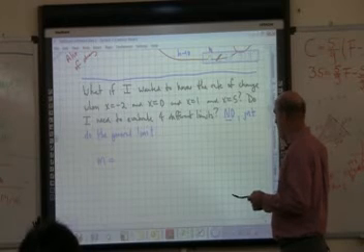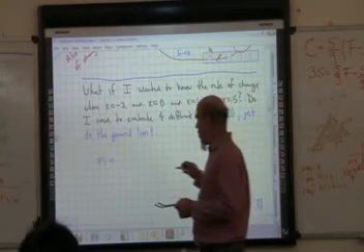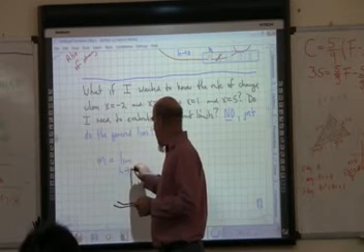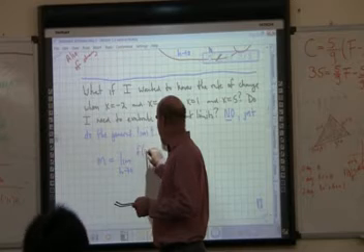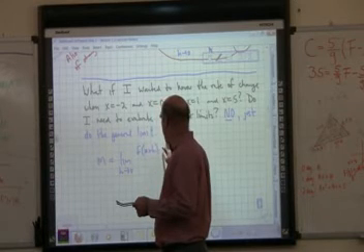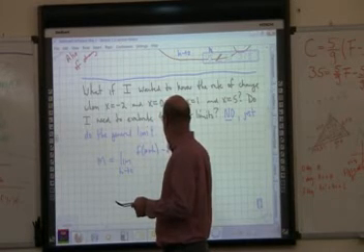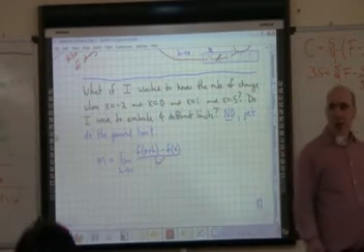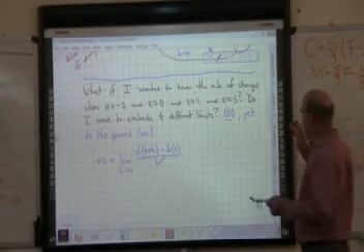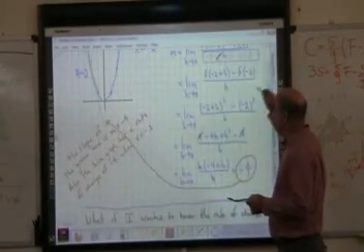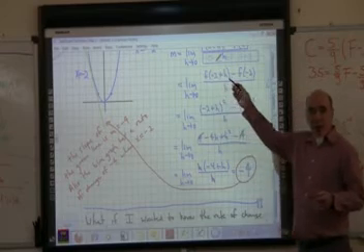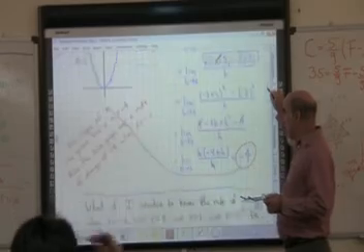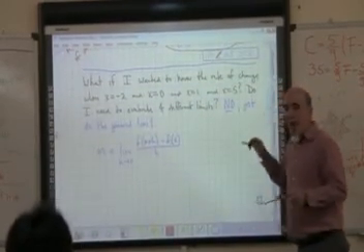In general, the slope is the limit as h approaches 0 of f of x plus h minus f of x over h. That's in general. In this problem, I want you to see that the first thing I did was I put in a -2 for x, because that's the point I was interested in. But supposing I'm interested in general, I'm not going to put anything in for x.